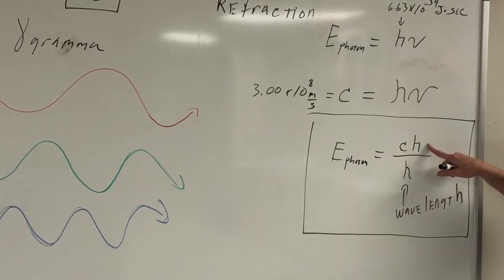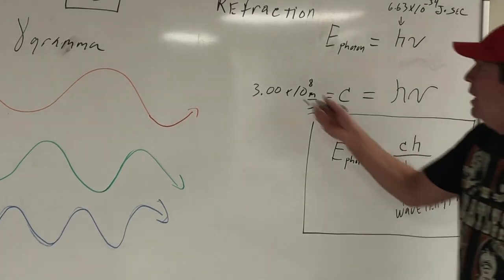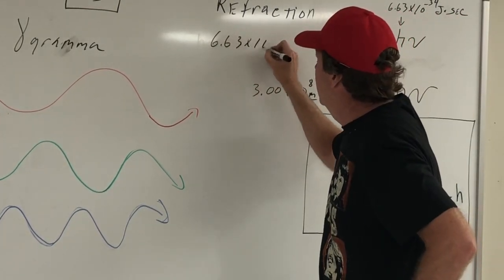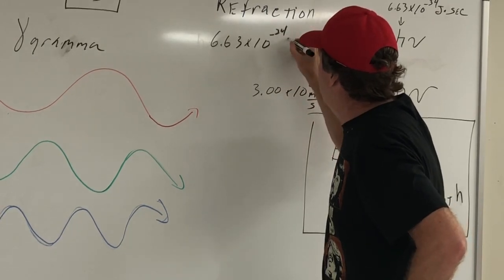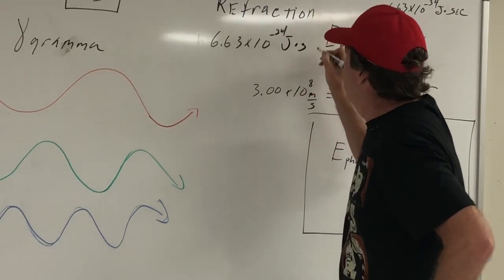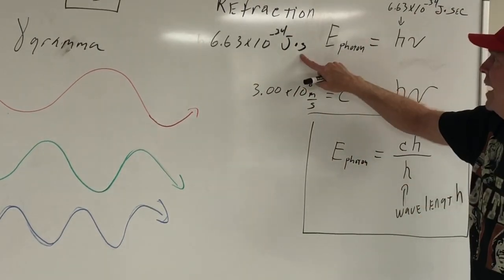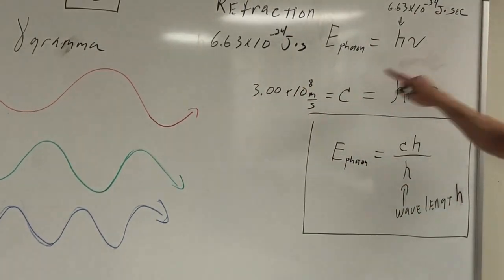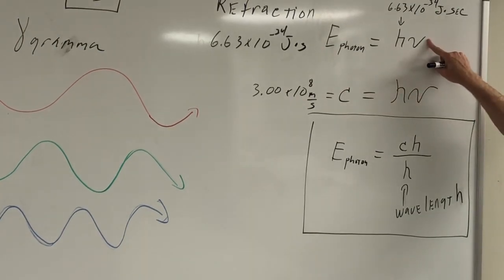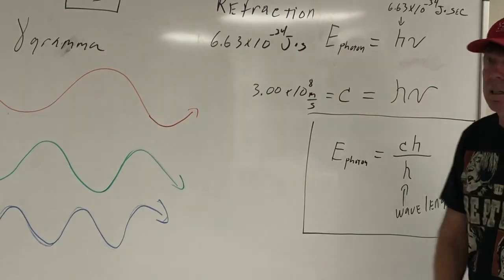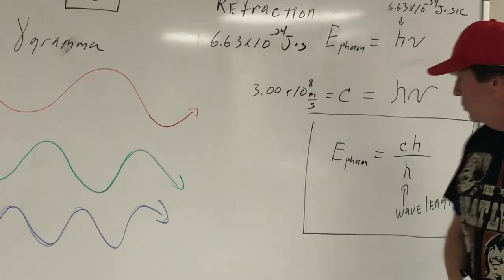Here's Planck's constant. Again, Planck's constant is this value, 6.63 times 10 to the negative 34th. Notice that's in joules times seconds. Of course, when this value is multiplied by frequency, which is the inverse of seconds, the seconds cancel out and our answer is going to be in joules.